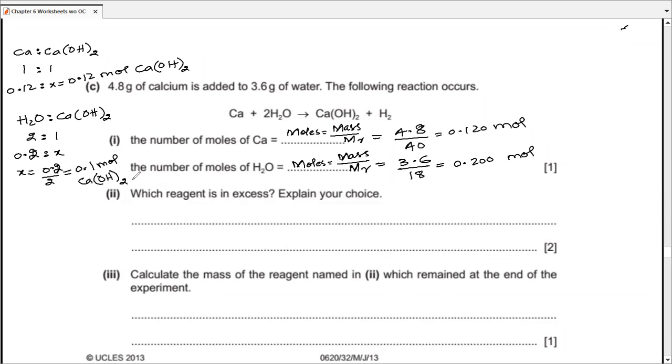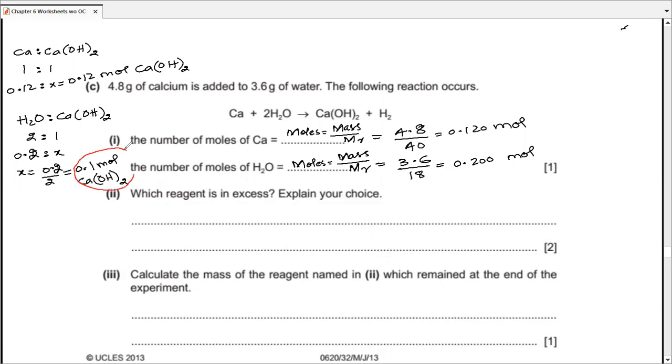Now, which one produces the lesser number of moles of product? The top calculation or bottom calculation? Sir, the bottom calculation of Ca(OH)2, which is 0.10.